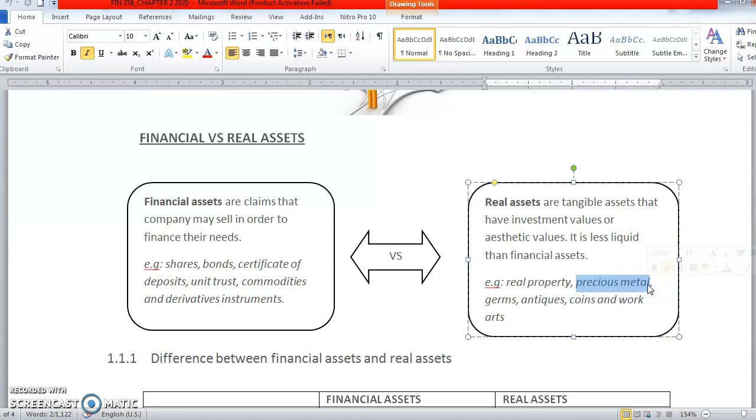These are a kind of precious metals. Ini adalah maknanya logam yang kita katakan sebagai ada nilai mahal, kan? Macam gold, emas sangat mahal, right? So boleh jual, kan? Boleh beli dan jual.